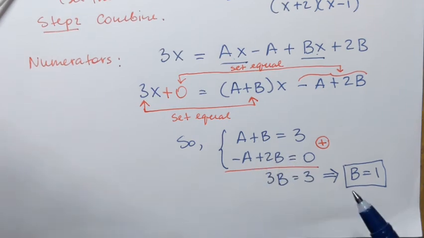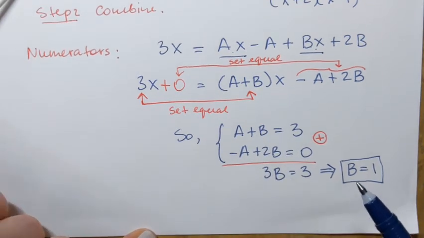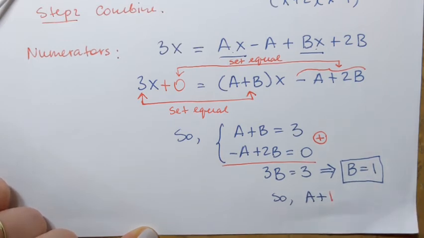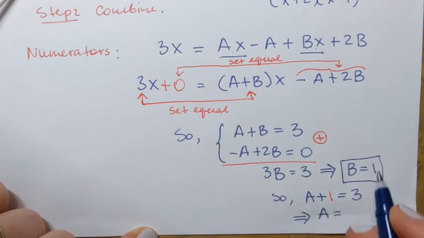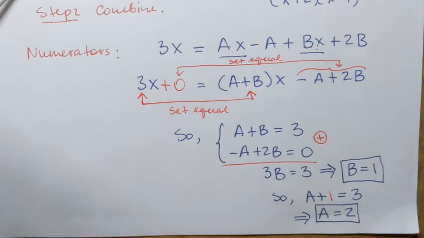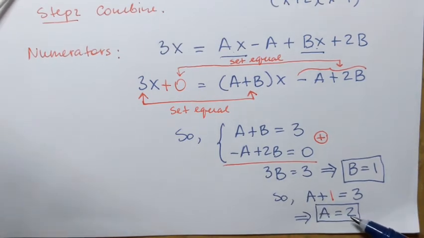It doesn't matter which one. The first one looks good. So a plus 1 equals 3. And that means that a equals 3 minus 1, a equals 2. So we found that a is 2 and b is 1.